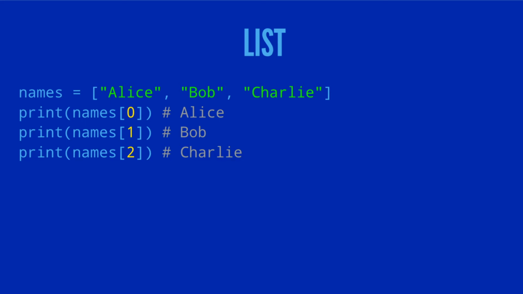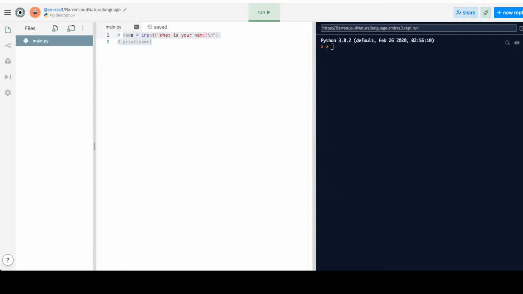So I'll just show you how you do that yourselves. So creating a list is as simple as creating the name. So that's names. That's now the name of my list. And then I have my square brackets and I'll put in the names and I'll separate them by a comma.